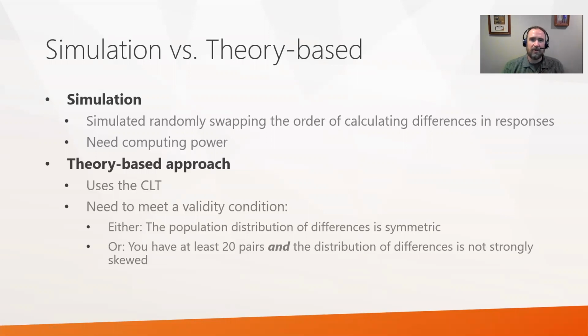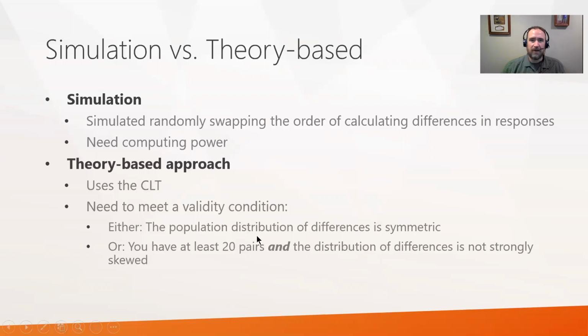How do we know what the population distribution of differences is? We probably won't know what it is, but we can get some insight usually from our sample. And so if we look at the sample differences and it seems reasonably symmetric, and we don't have reason to believe we have a bias issue in our sample, then we generally can feel good about that.